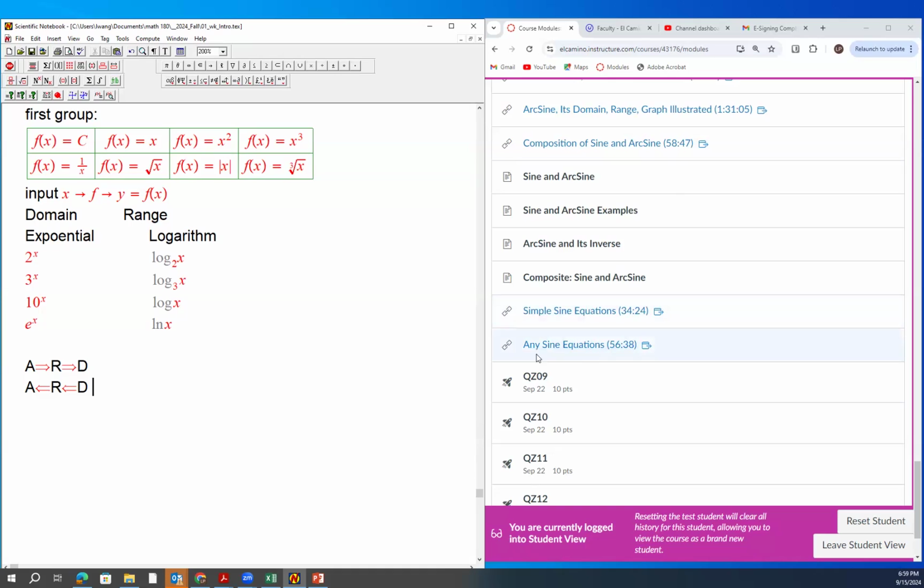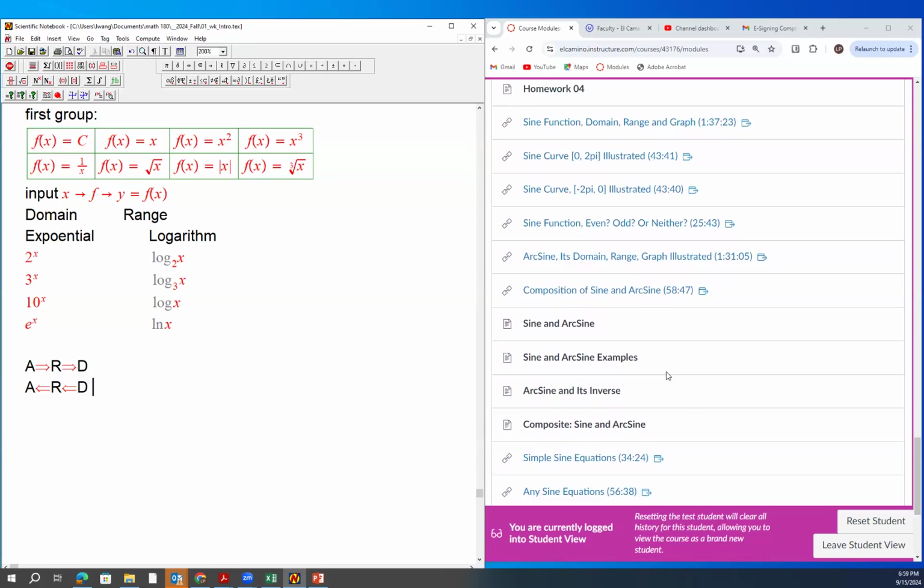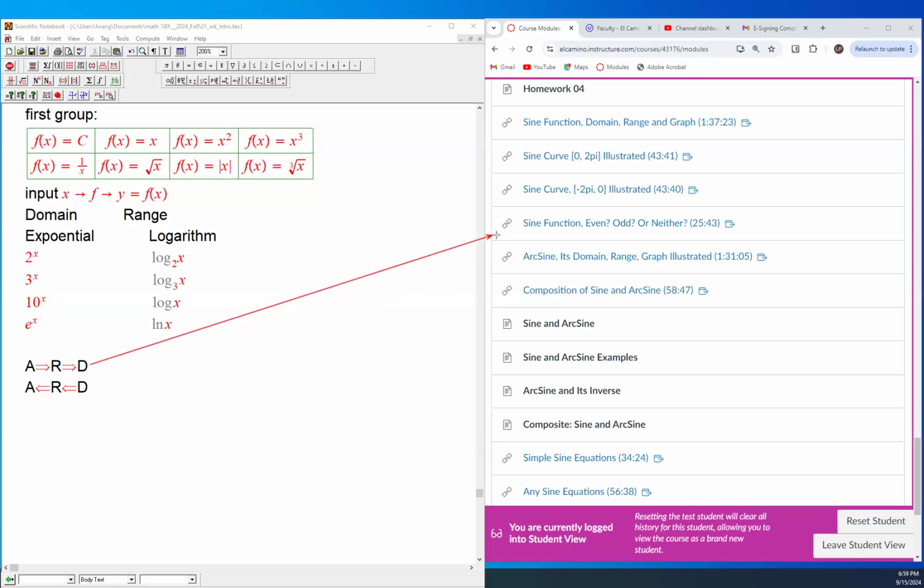Simple sine equation, any sine equation. So I'm going to put an arrow. Now you are going to see all of these are mostly A to D. So these are A to D, A to D. And arc sine and composite arc sine is D to A.